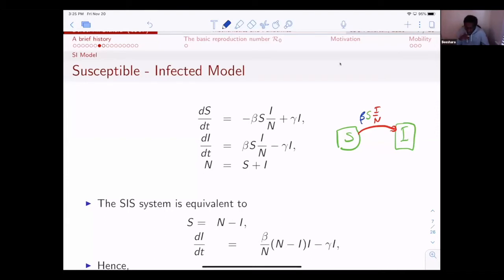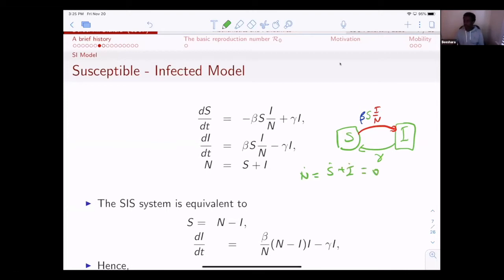And what they did is a simple input-output, right? And we suppose that after some time, people who are infected will also recover at a rate gamma. So we have a simple model like this. And here, if we take a closer look, N dot is S dot plus I dot, and it happens to be equal to 0. So N is constant.